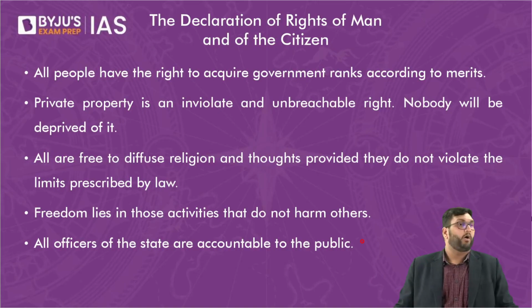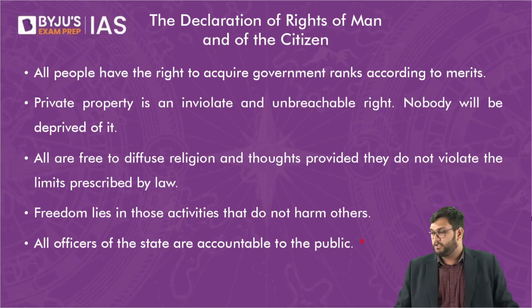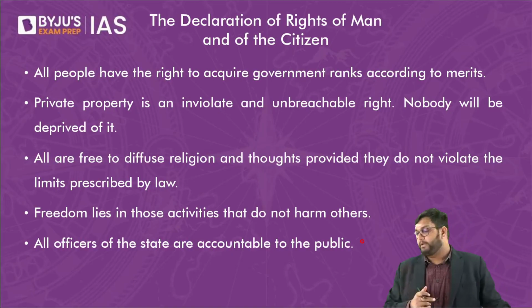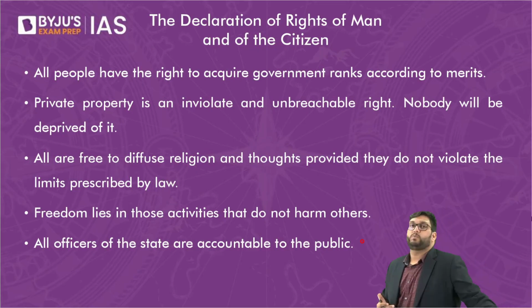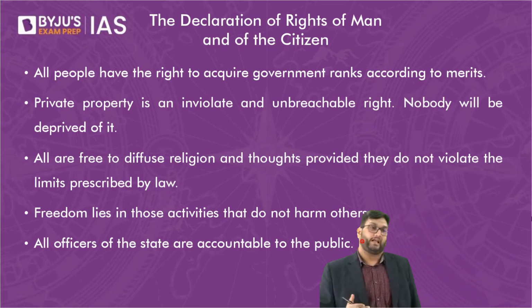Yes. All are basically the basis for all fundamental rights we have. From double jeopardy to Articles 15, 16, all. This document is considered a path-making document which was produced in France.